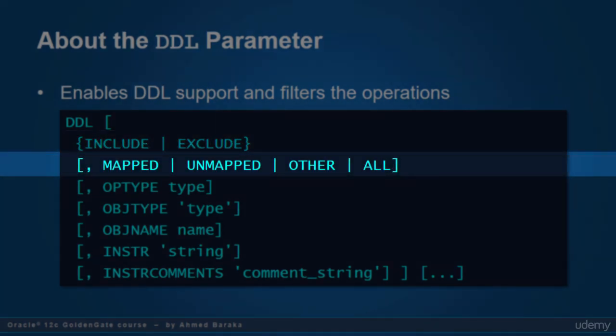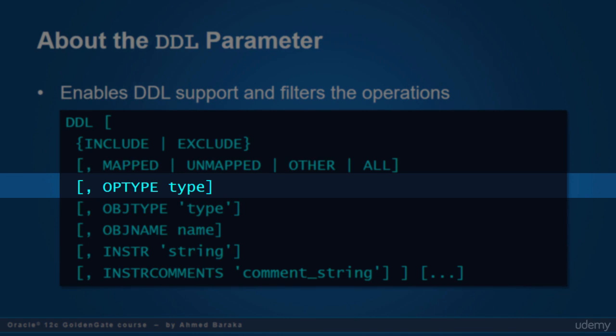The keywords MAPPED, UNMAPPED, OTHER, and ALL are used to define the scope of the DDL statements that you want to capture or apply. Use the OPTYPE keyword to specify the type of the DDL operation. It could take the values create, alter, rename, drop, grant, revoke, or any DDL statement supported by the database.